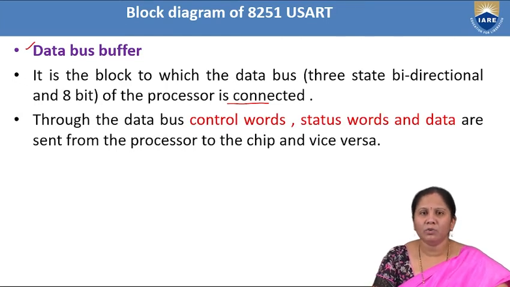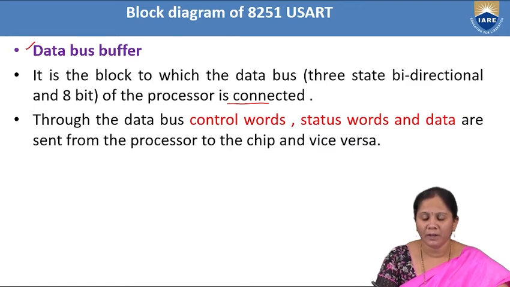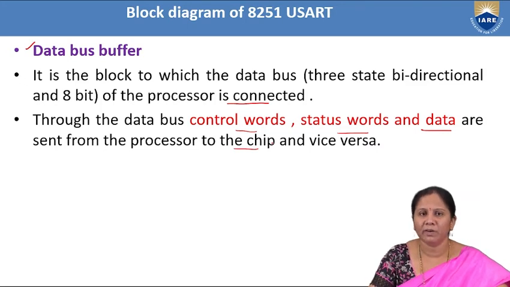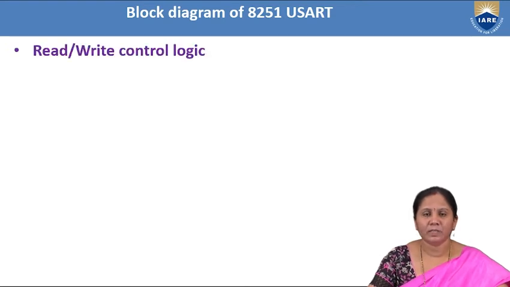What type of information will be transmitted between these two? Information like control words, status words, and data. All these can be sent from the processor to 8251 and from 8251 to the processor, that is USART to processor. That is what the data bus buffer section is about.